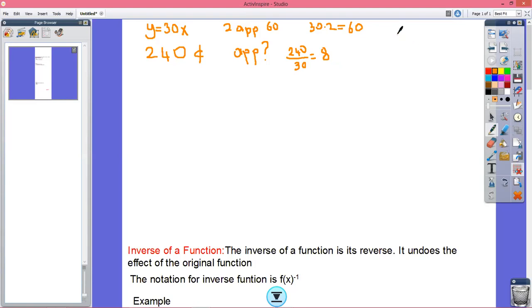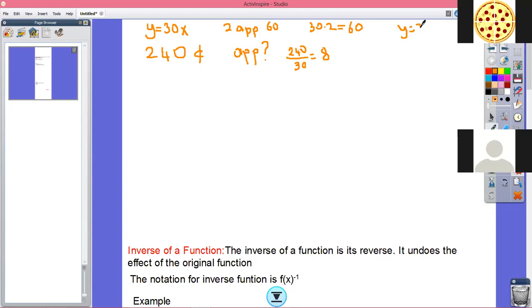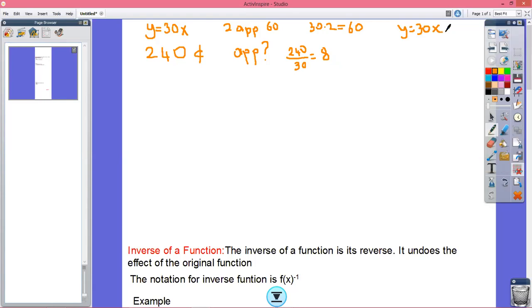Now, here we are going to say if y is equal to 30x, a function, then, be careful about this one, x is equal to y divided by 30.